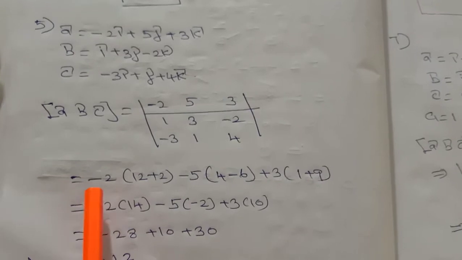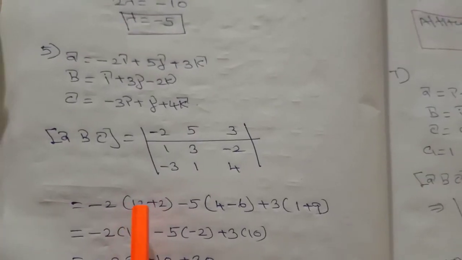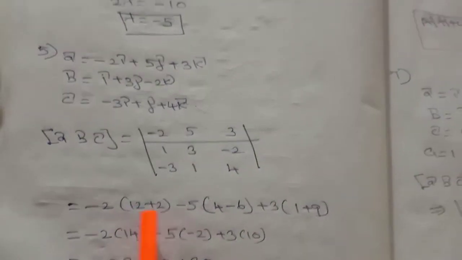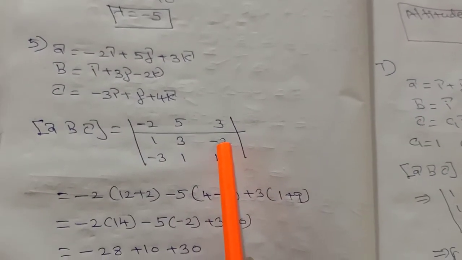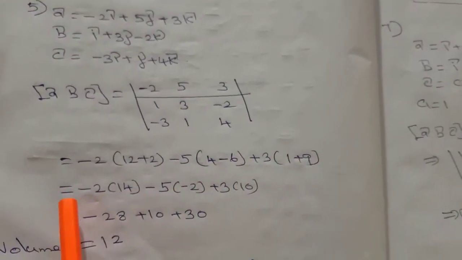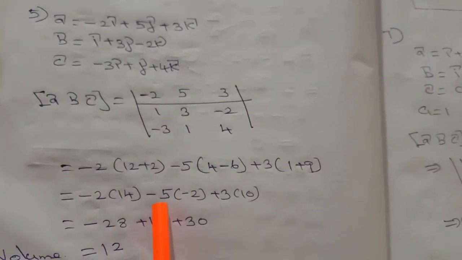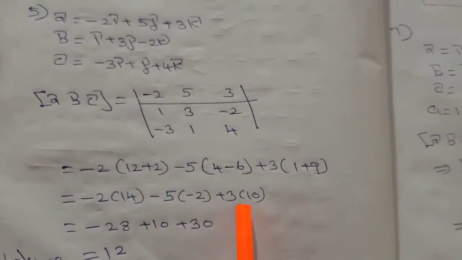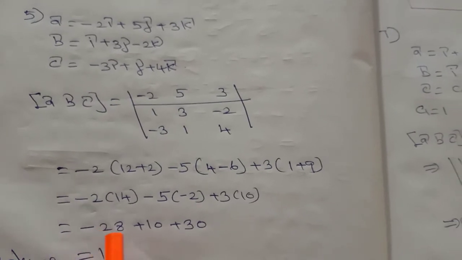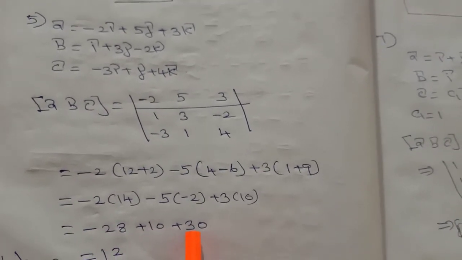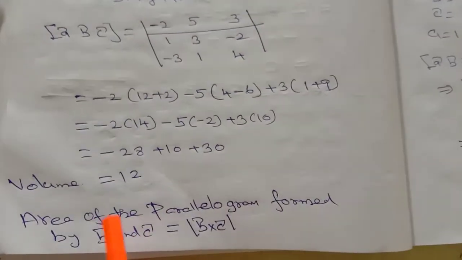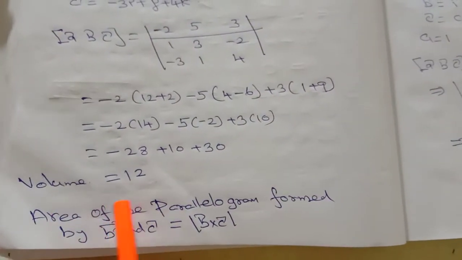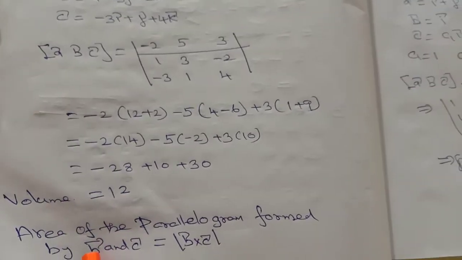This is equal to minus 2 into 12 plus 2, minus 5 into 4 minus 6, then 3 into 1 plus 9. So minus 2 into 14, minus 5 into minus 2, 3 into 10, that is minus 28 plus 10 plus 30. So we are getting volume as 12 cubic units.